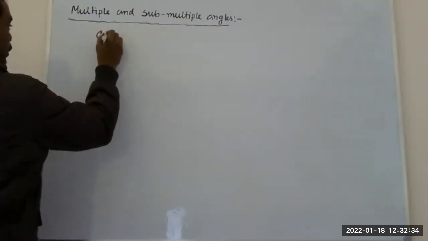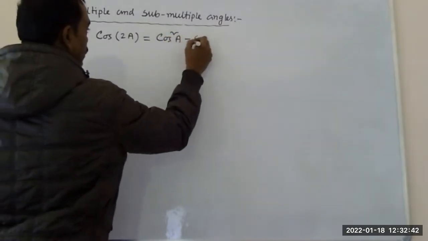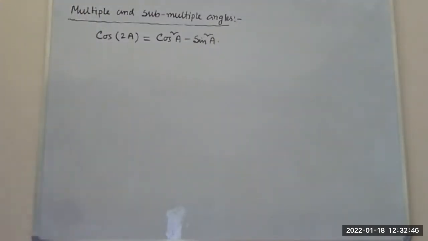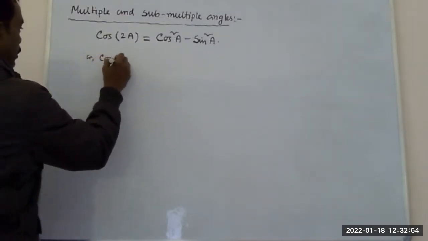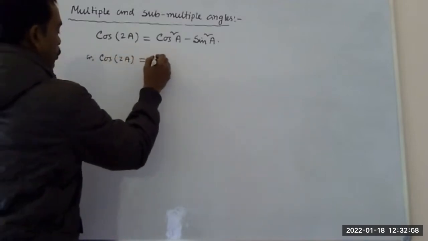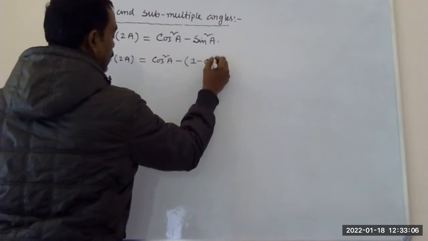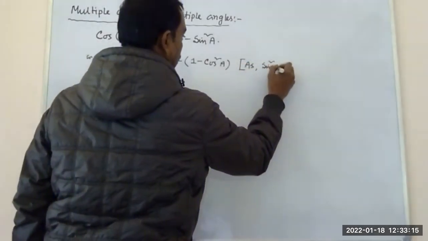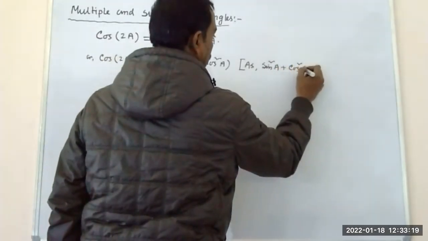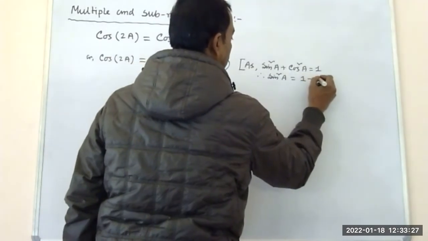Now again, the formula of cos 2A was cos square A minus sin square A. It was the formula of cos 2A, or we can write that cos 2A is equal to cos square A minus sin square A, means 1 minus cos square A. As sin square A plus cos square A equal to 1, so sin square A equal to 1 minus cos square A, right?